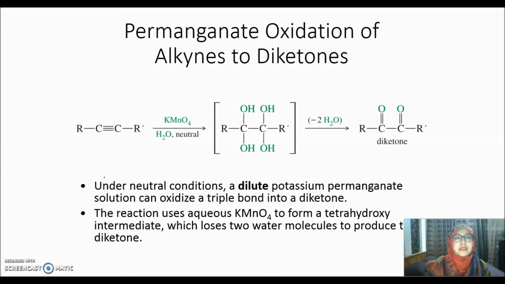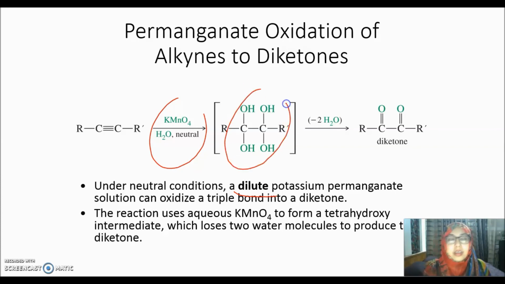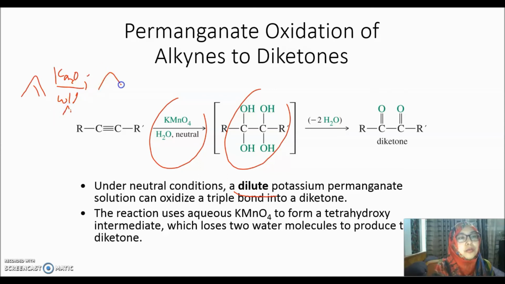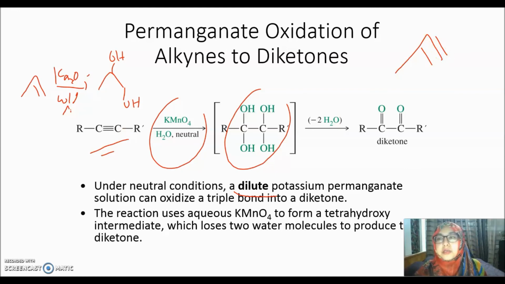So you can see this one. Dilute and neutral will oxidize it to diketone. If you go back to alkene, if you use permanganate, cold and dilute, you will get a diol. But with triple bonds, you will get your ketone, so diketone.